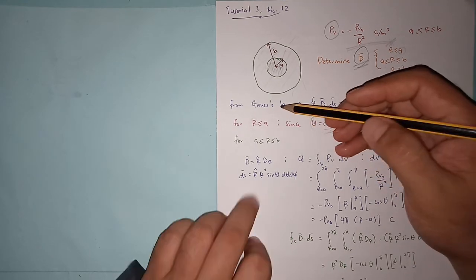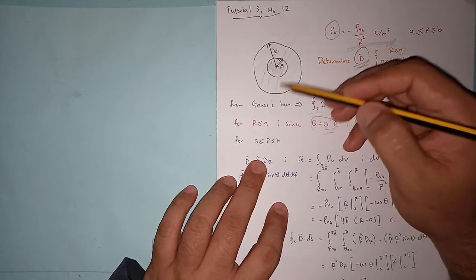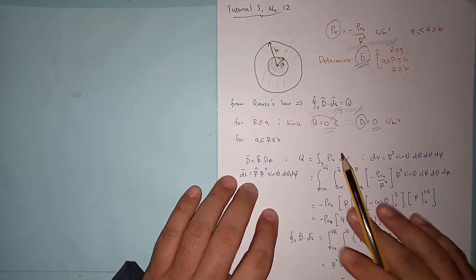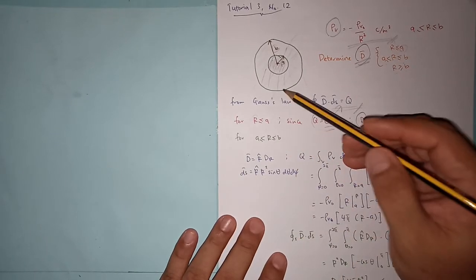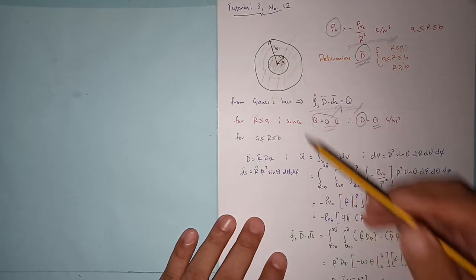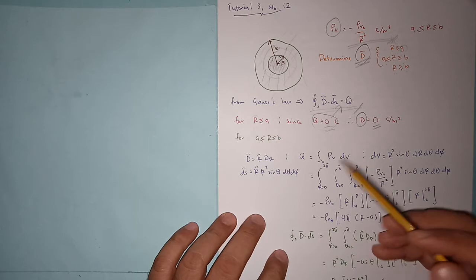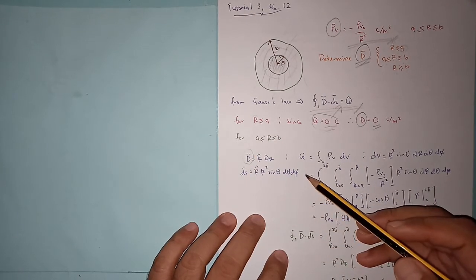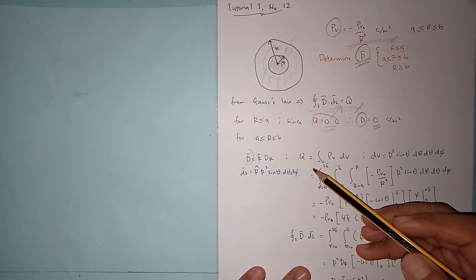For the second region, which is inside the charge itself, let's see how to solve it. First, because the charge has a spherical shape, we assume that our electric flux will also be produced in a spherical shape.